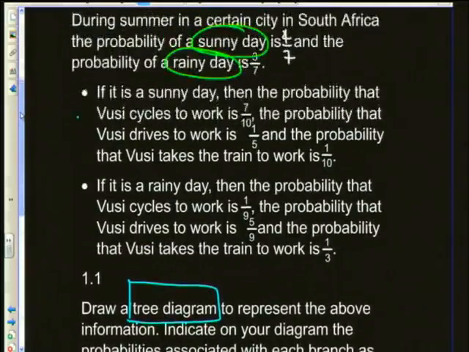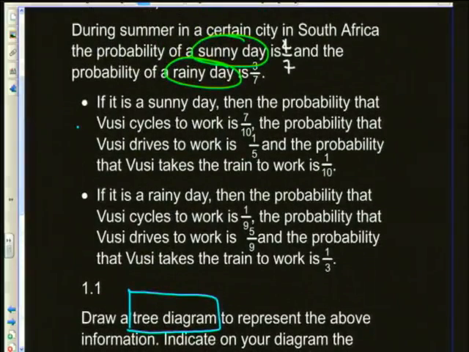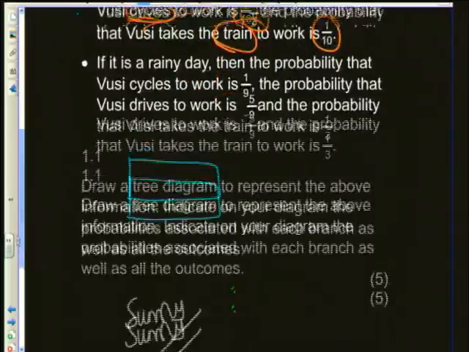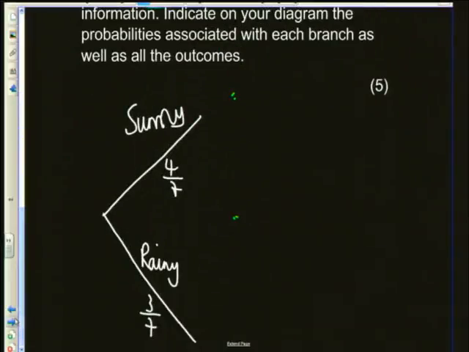Then, if it is sunny, then the probability that Vusi, he cycles, he drives, or he takes the train. And it gives me the probability of cycling, driving, and by train. So they're all there. So I can have choices. If it's sunny, then it can go those 3 ways. And if it's rainy, then it can also go those various ways.